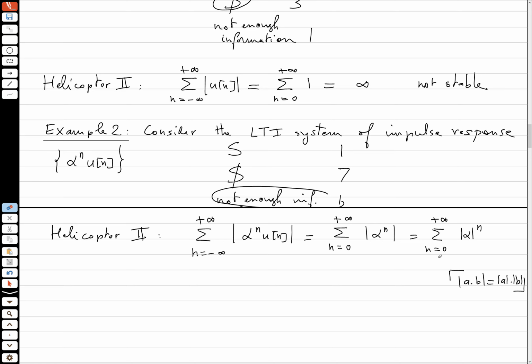Now, do you know when this is converging or not? This is called a geometric series. Don't tell me you never heard of that, because if you say that, that means you didn't do your homework. All right, so can you tell me when we know that this is converging or not?